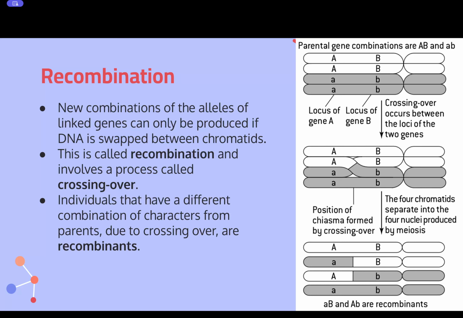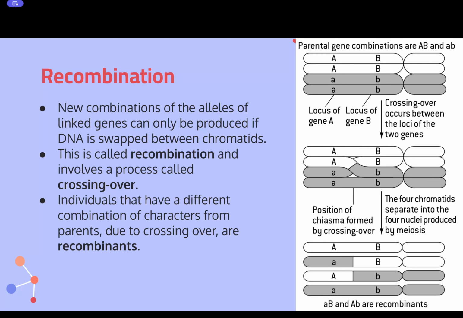Without crossing over, it would result in two pairs of sister chromatids, because the sister chromatids would be identical. But due to crossing over, and due to how meiosis works, it results in recombinants, which means that there will be four different alleles. This leads to more variation.